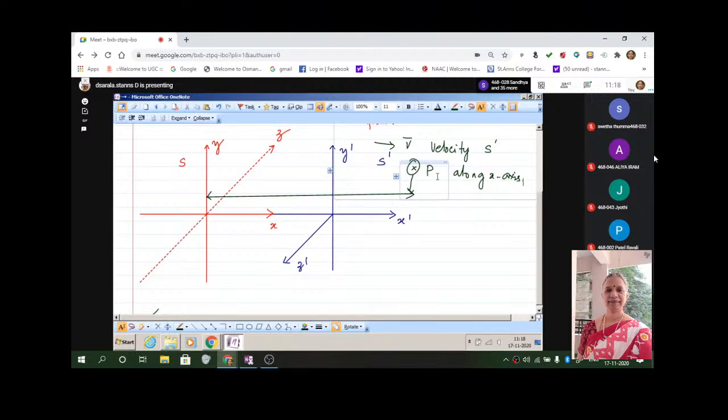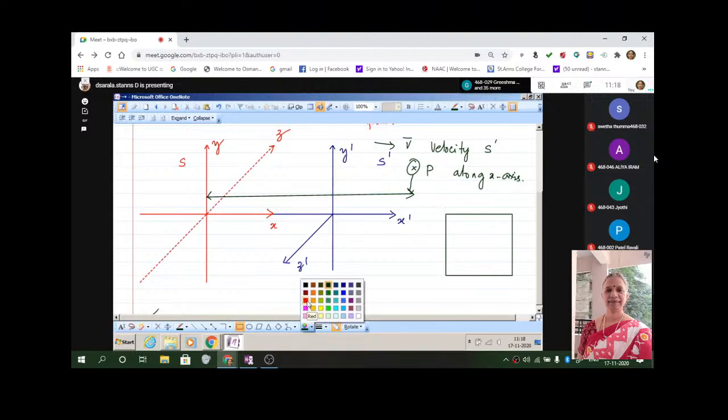So there is a small point here. That means there is no change along the y and z axis.